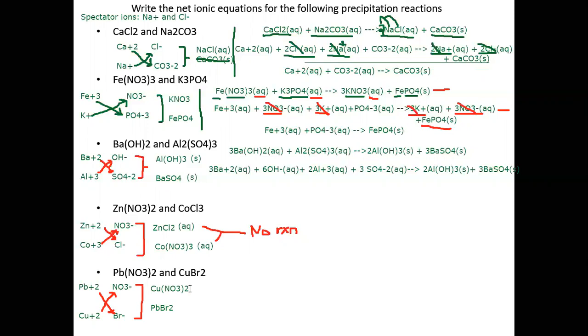So copper 2 nitrate, since it's a nitrate, it's soluble. Lead 2 bromide, based on our solubility rules, we know this is, that's right, a precipitate. So that's a solid. So now we can write the molecular equation.